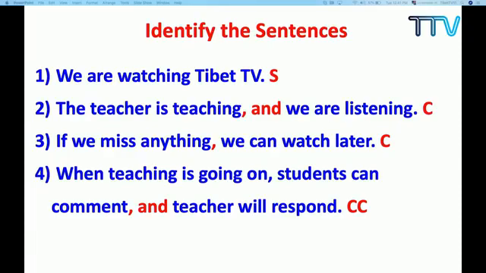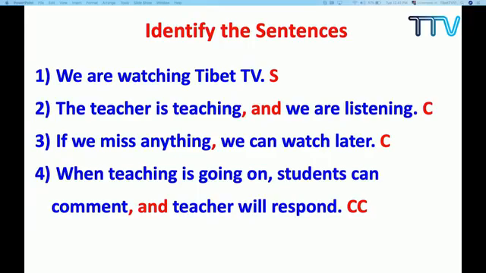Cross check. First one: We are watching Tibet TV. If you look at this sentence, there is only one independent clause: we are watching Tibet TV. So this is a simple sentence. And the second one: The teacher is teaching and we are listening.